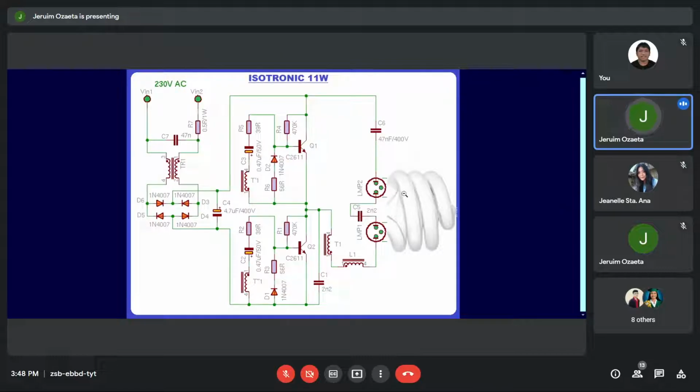Ito baga o, na picture out. Take note of this C5. C6 as the capacitor that determines the initial charge in the vacuum tube. Ito, vacuum tube, ano? And then C5.